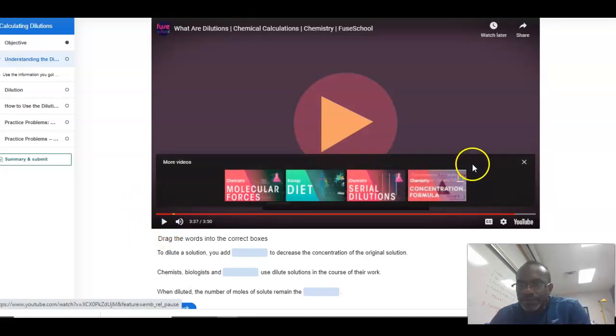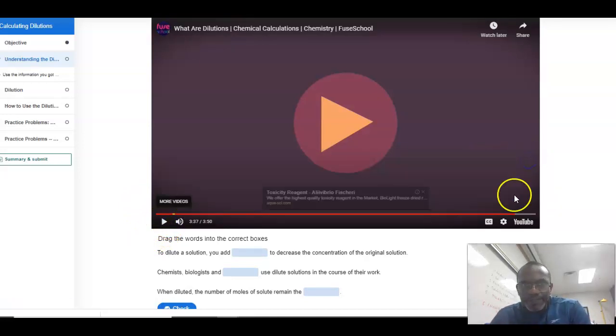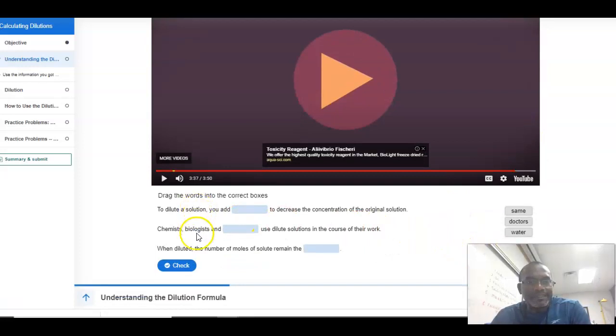Okay, so that's a very short video. Now let's see if we can complete this activity at the bottom. It says drag the words into the correct boxes. To dilute a solution, you add water to decrease the concentration of the original solution.